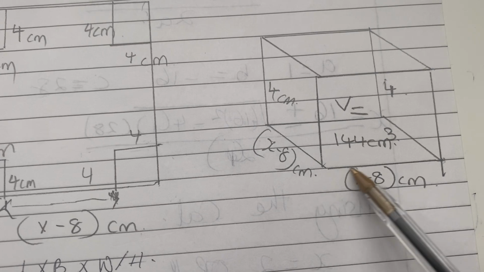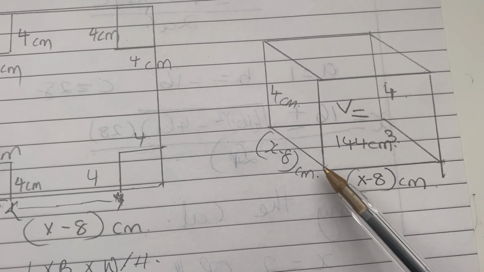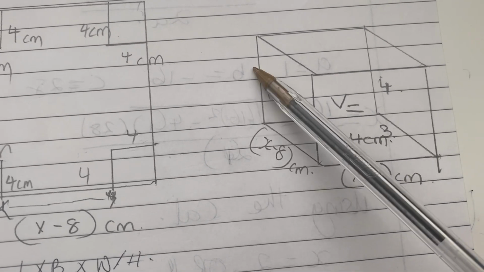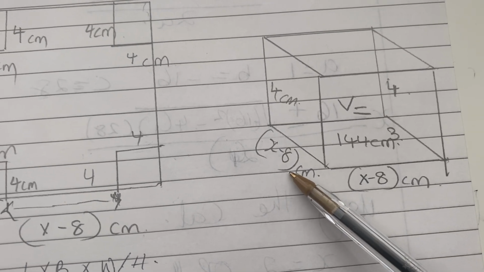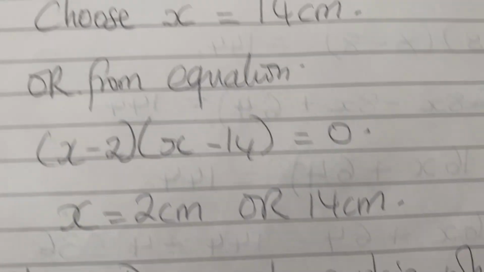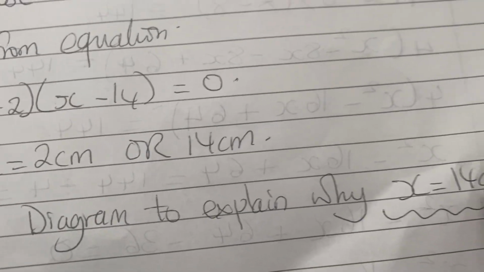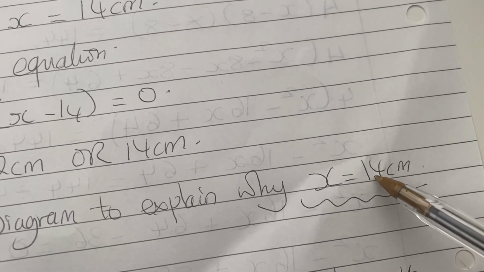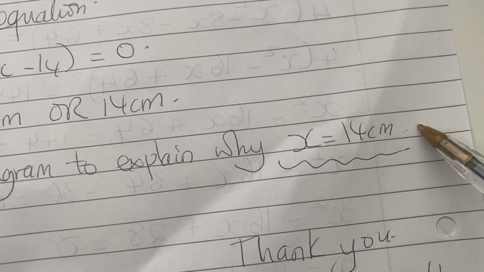So this length will be 6, that length will be 6, and that length will be 4. So here is another example with two positive values for x. I'm going to choose x equals 14 and it is length. So x equals 14 centimeters.